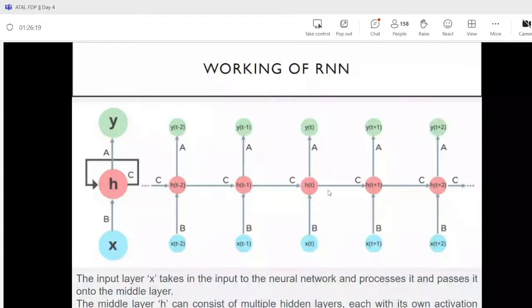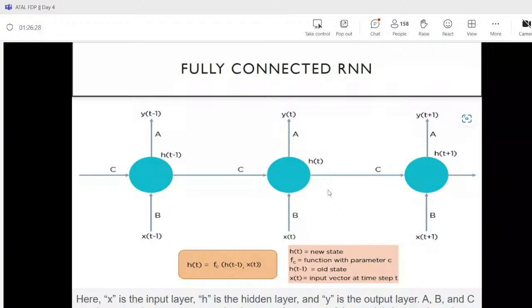If the neural network with different hidden layers is not affected by the previous layer, that means there are no changes in the previous layer.